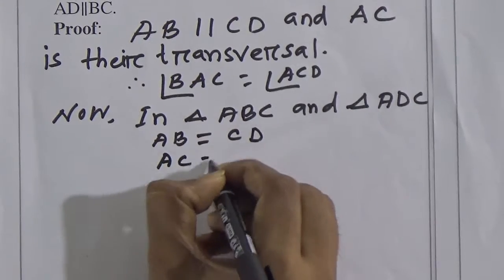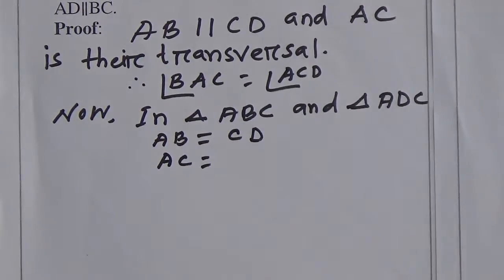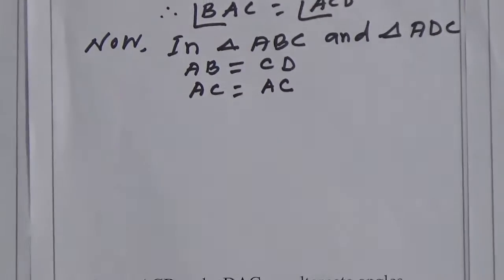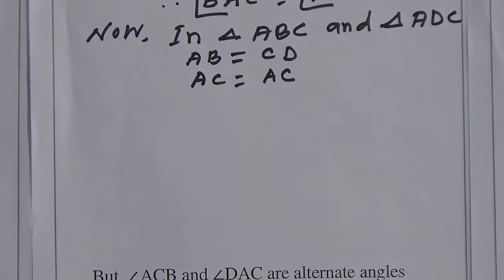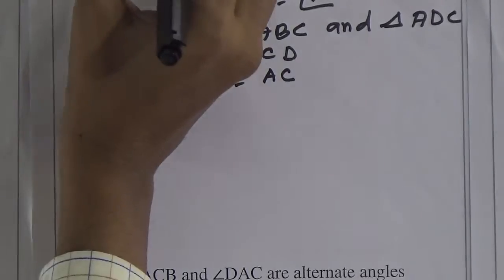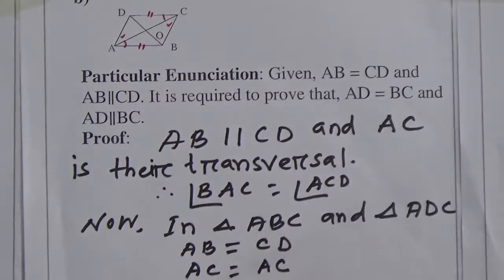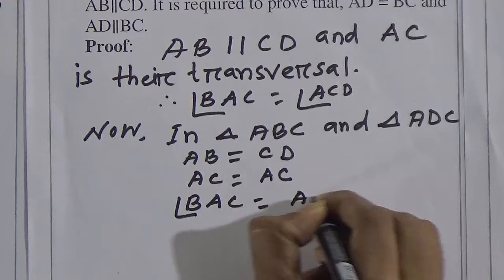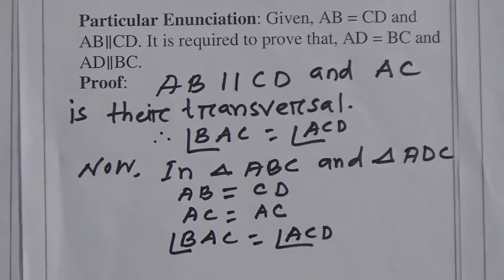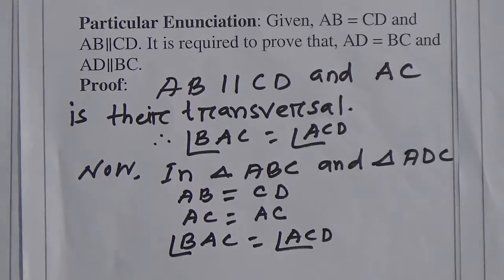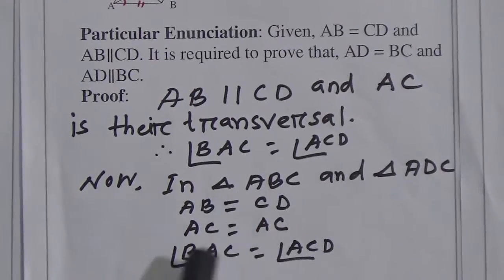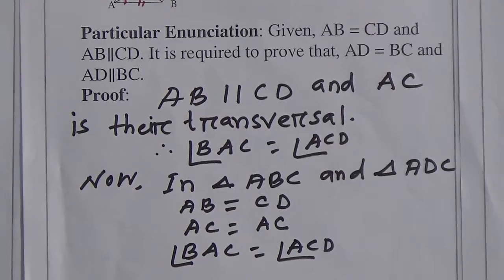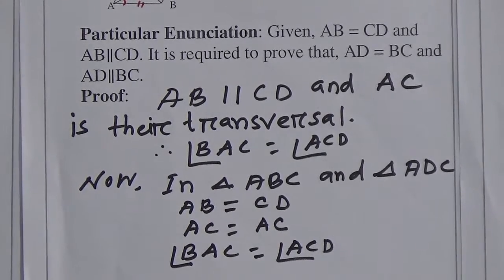That means AC is their common side, because in both triangles AC is the common side. So we write AC equal to AC. Similarly, look, angle BAC equal to angle ACD. Here two sides and one angle are equal. So we can say ABC triangle and ADC triangle are congruent.